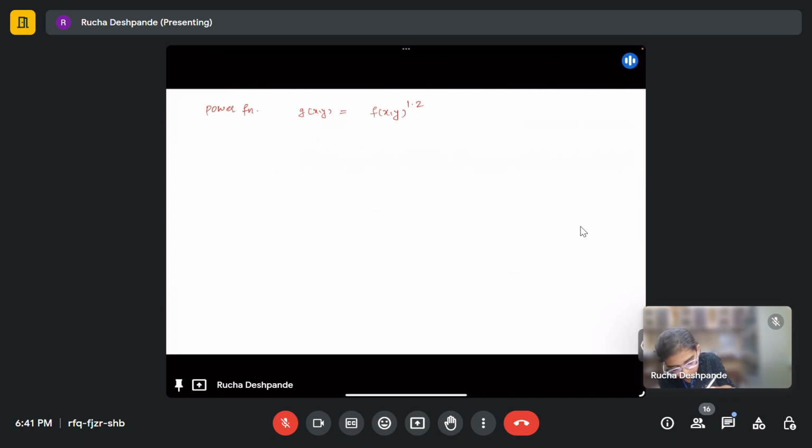Okay, so this is the power function. So this will be 1, 2.